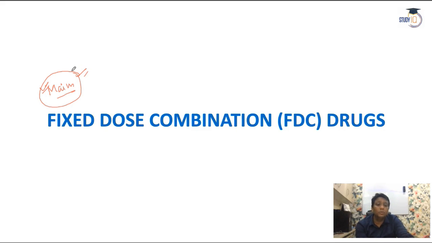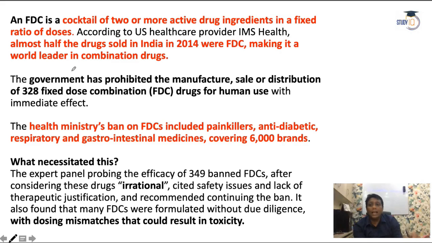What about the fixed dose combination drugs? Listen, actually fixed dose combination is a kind of cocktail. A cocktail is what? Two or more active drug ingredients mixed in fixed ratios, and then they have some impact. You mix many kinds of cold drinks and it becomes a cocktail.